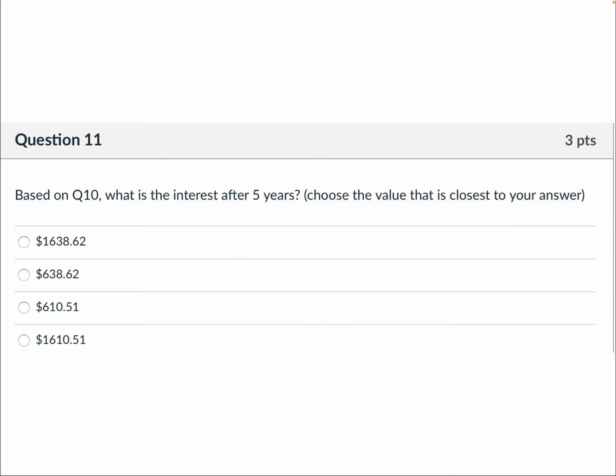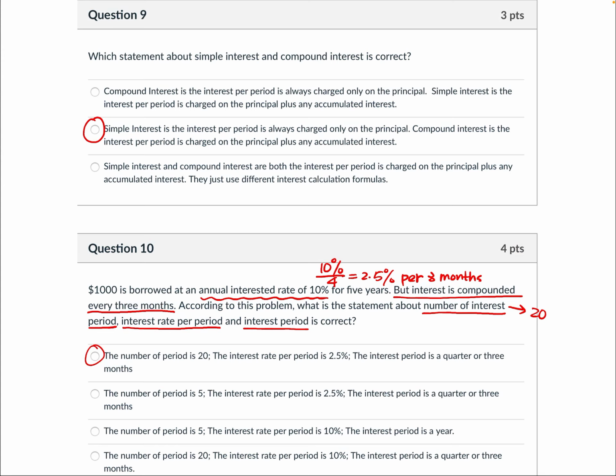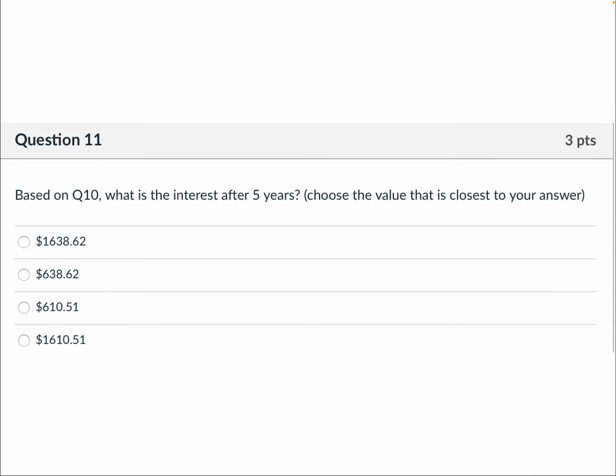Based on this question, what is the interest after 5 years? Okay, so for this question, you can use the factor method, that's the future equivalent of this 1,000 after 5 years.